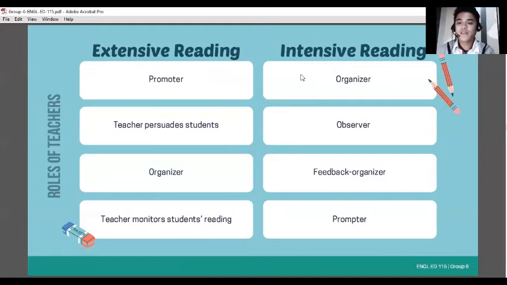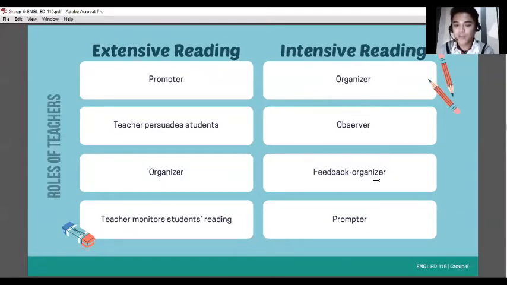With intensive reading, we are the organizer. Why are we organizer at first? Because we give them the topic and what text they need to read. That's the reason why we are organizer first. We are also observer because they can simply read the text in the classroom immediately in one sitting, because normally these are short stories.